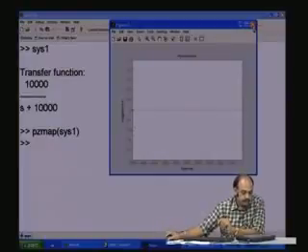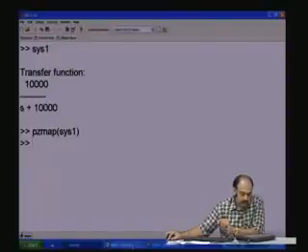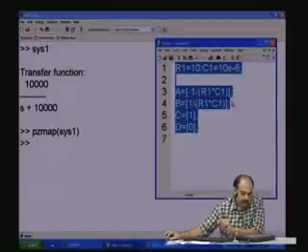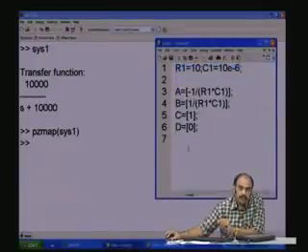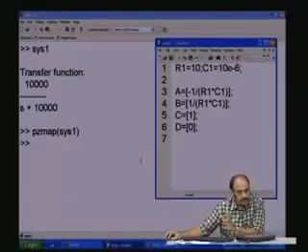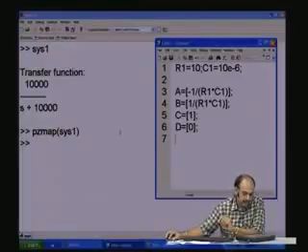Now, let us try to find out what will be the transfer function for the voltage across R to the input voltage that you are supplying.